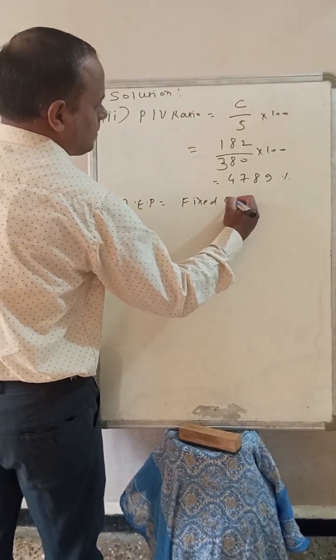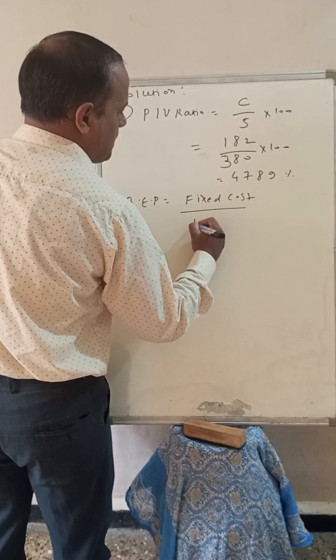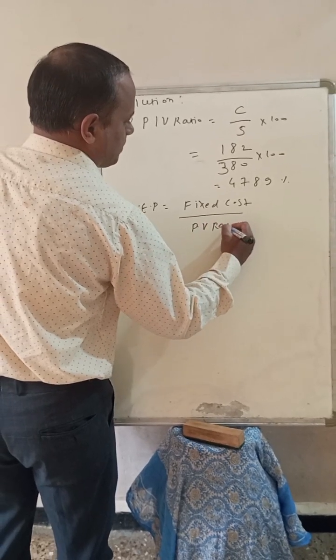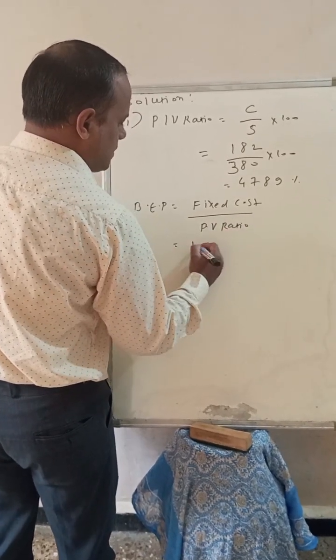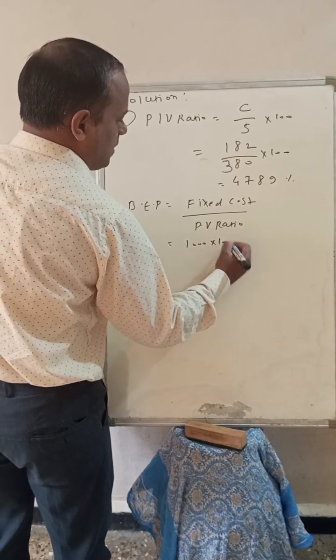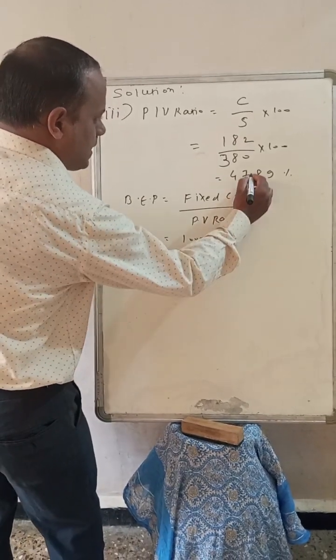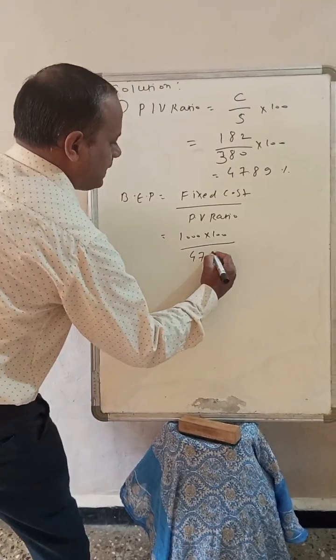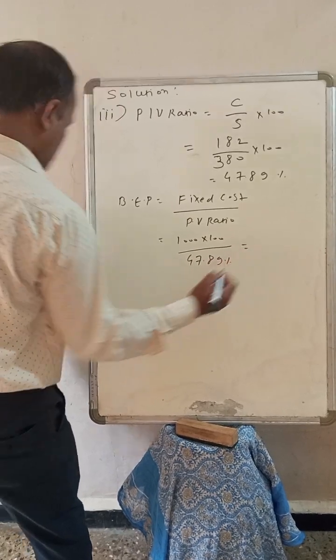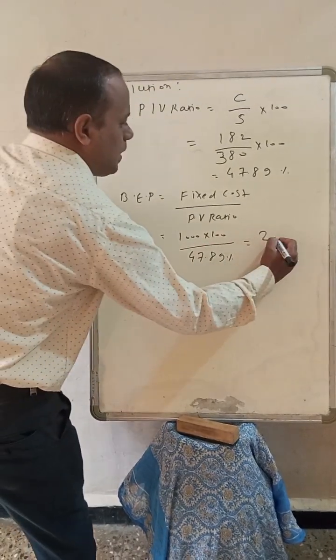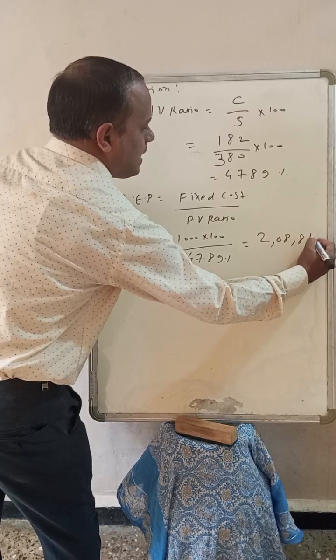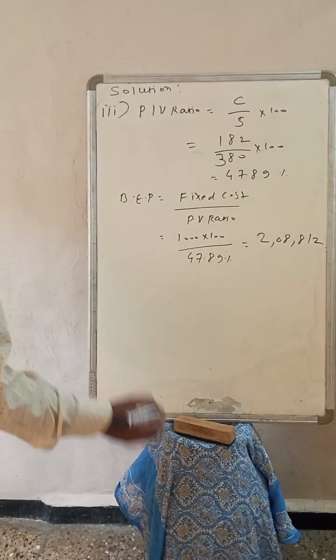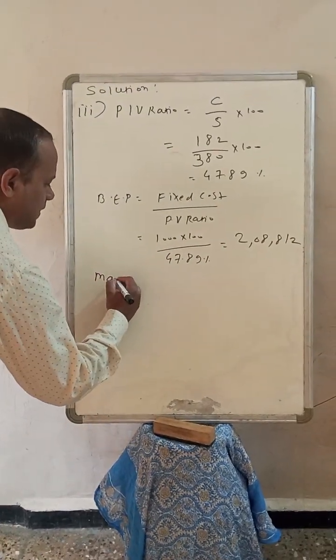Next is break-even point. Fixed cost divided by PV ratio. Fixed cost is 1000 into 100 divided by 47.89%. So it would be 2,08,812 rupees. And the last one, margin of safety.